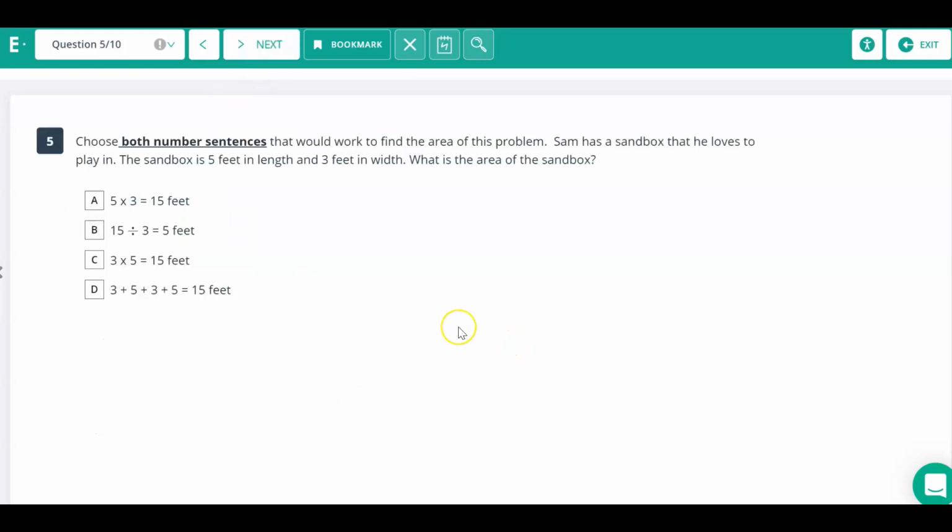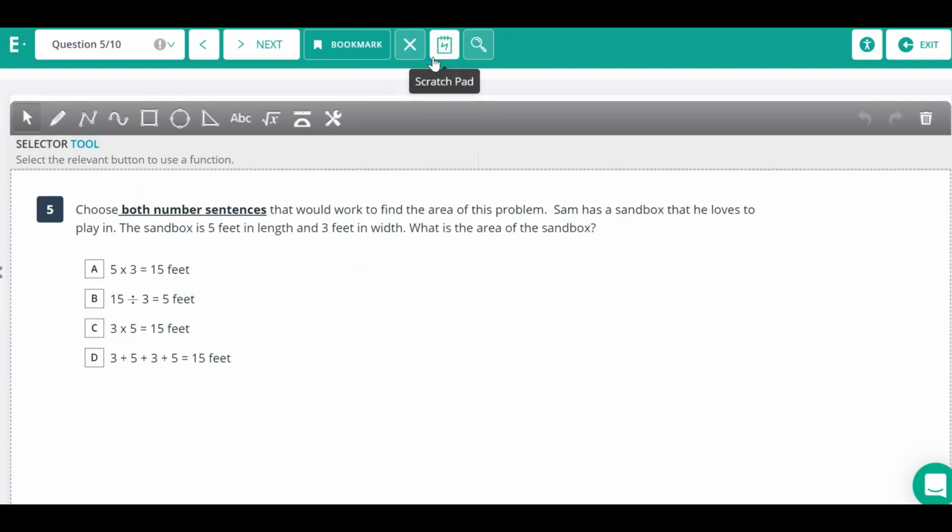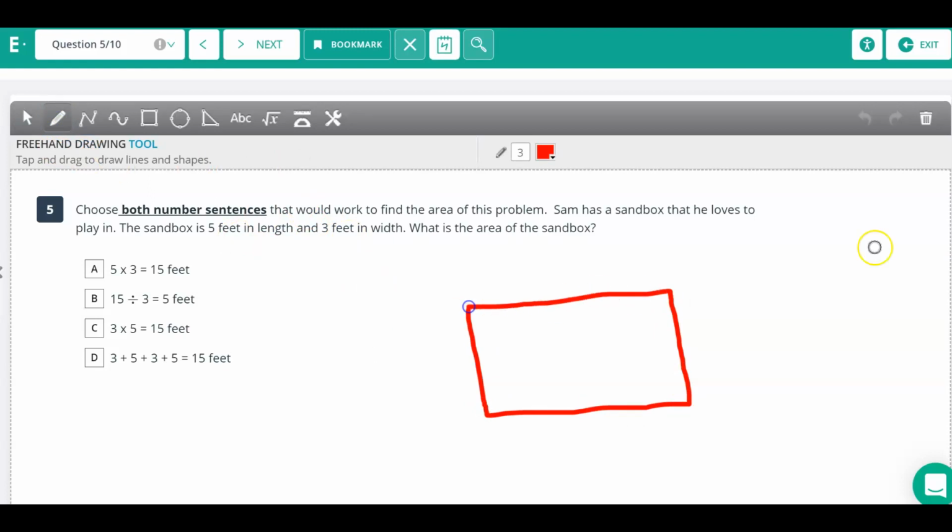Number 5. Choose both number sentences that would work to find the area of this problem. I'm going to click on my notepad so I can get there. Sam has a sandbox that he loves to play in. I'm going to draw a sandbox. Go ahead and draw yours.